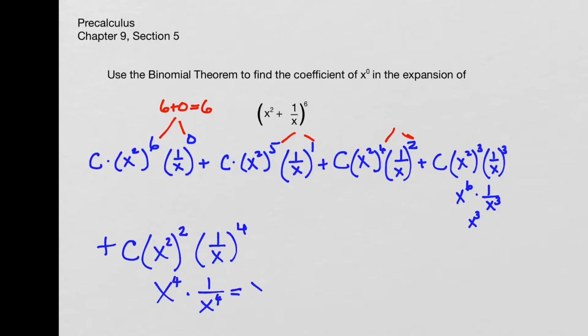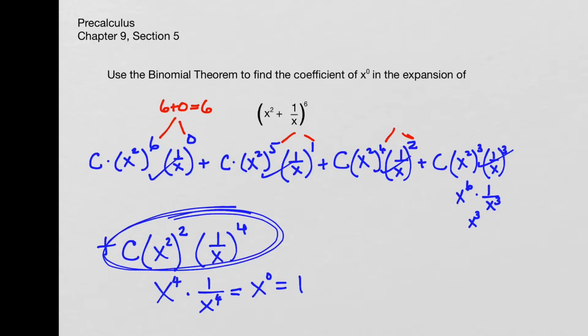So that is x to the 0 power, or just 1. So this is the term that we're concerned with. We had 1, 2, 3, 4. This is the 5th term of the polynomial. So now I can figure out what the coefficient is, and I'll be done with the problem.